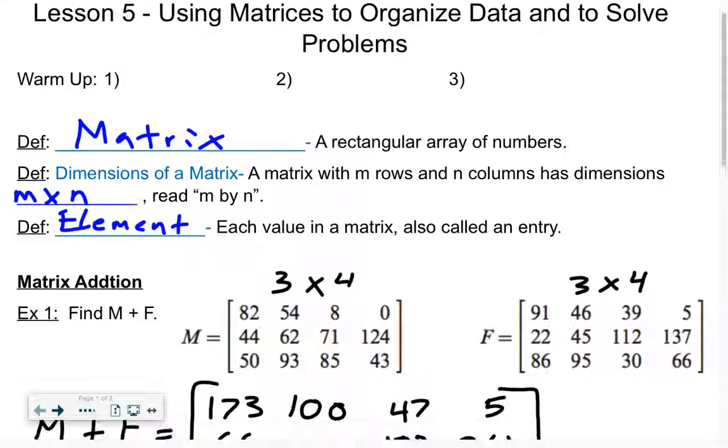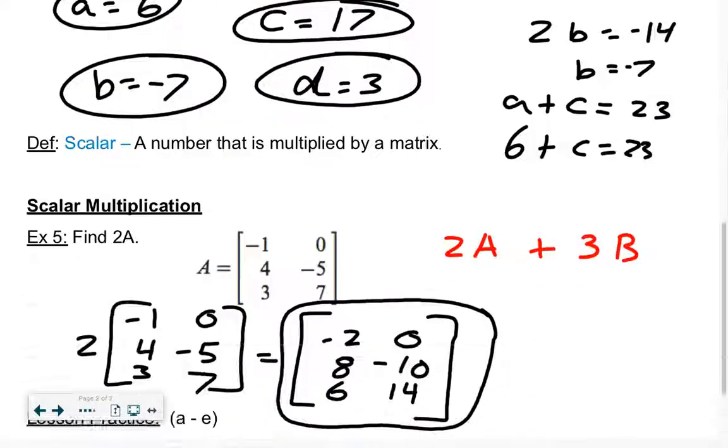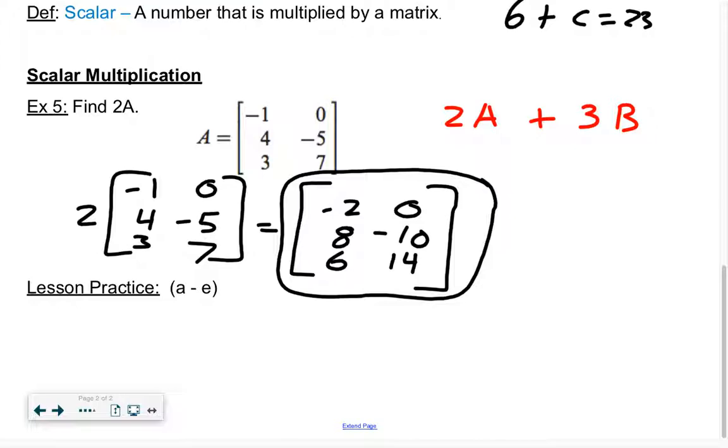The other thing that I failed to mention at the beginning is when you add or subtract matrices, you have to make sure that the dimensions or the size are the same. Notice this was a 3x4 and this was a 3x4. If this was a 3x4 and this was a 4x3, you could not add the 2 together. Okay, so not every matrix is allowed to be added or subtracted to another one. Dimensions have to be the same. Let's go ahead and do A through E.